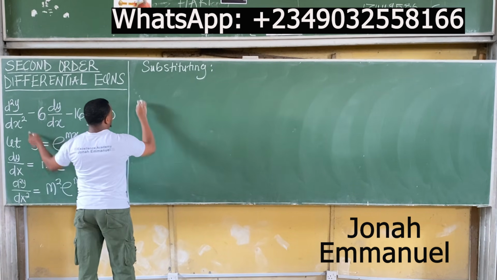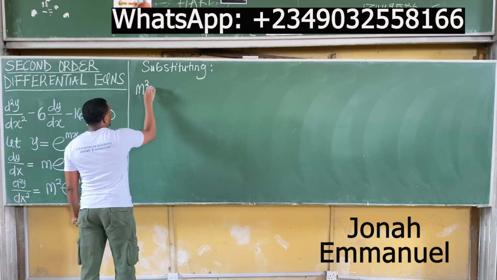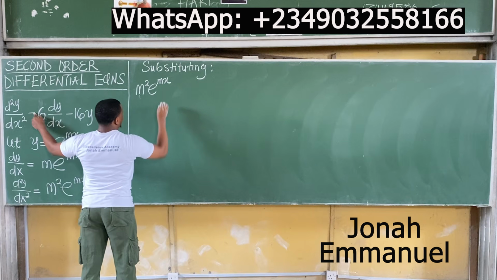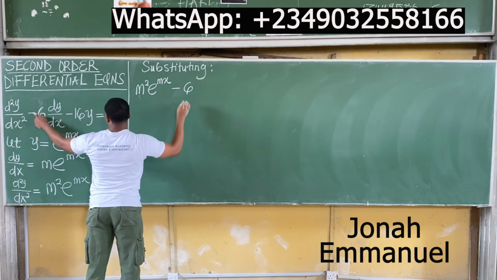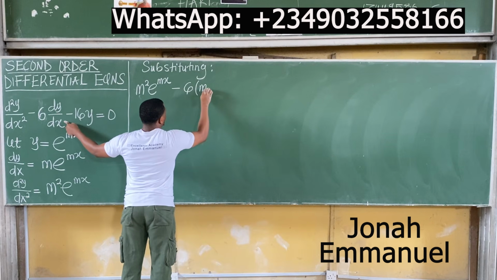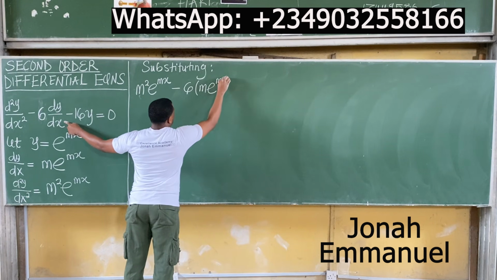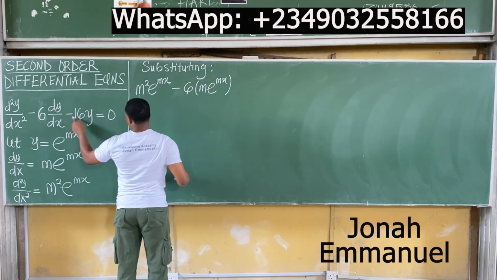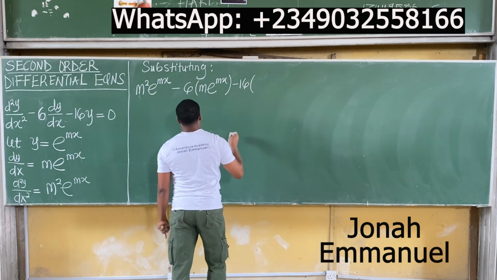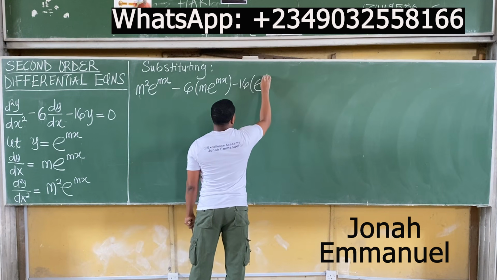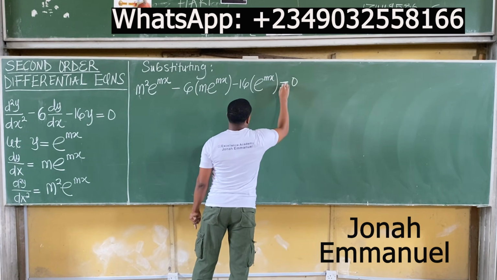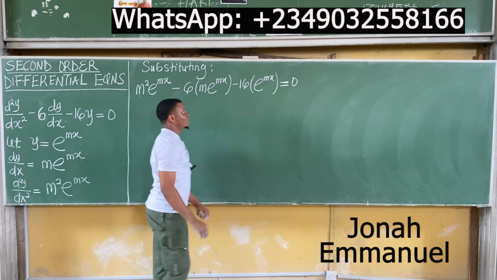So this one here becomes m squared exponential mx, minus 6 into dy dx, which is m exponential mx, minus 16 into y, which is exponential mx. This is equal to 0.